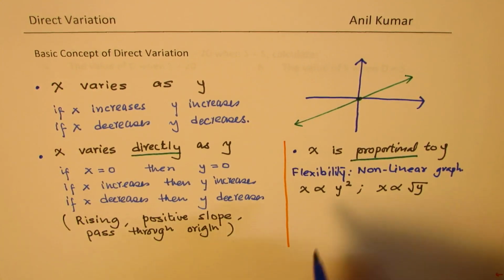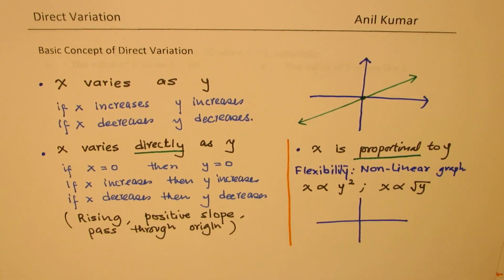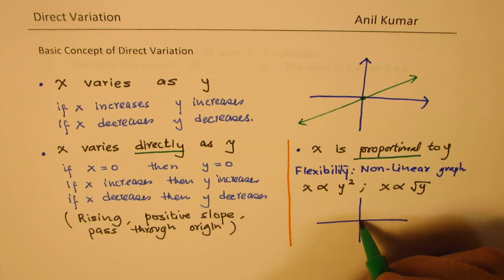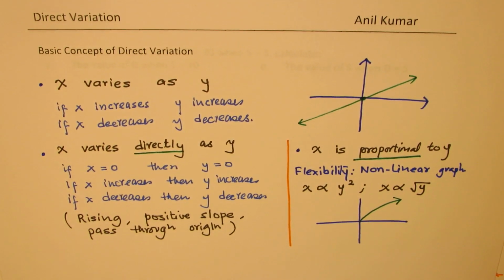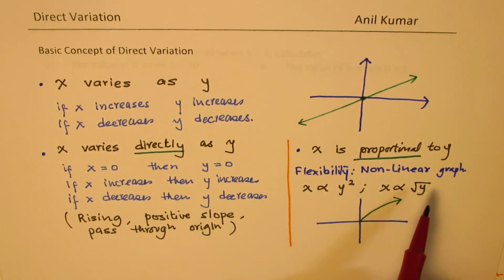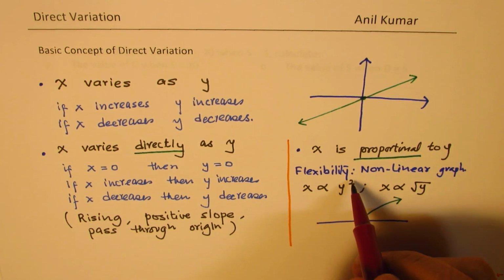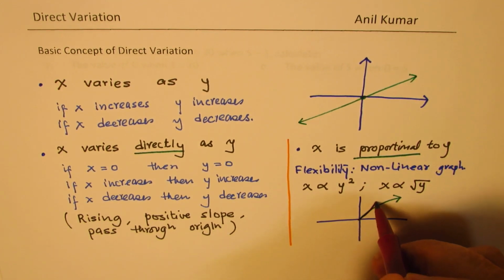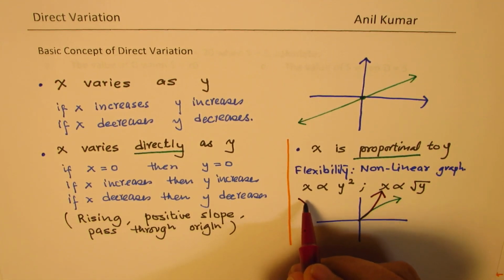So in this particular case, the graph could be something like this. Do you see that? We are saying proportional to. So when we say x is proportional to y squared, we are only considering this part of the graph. This is when x is greater than or equal to 0.